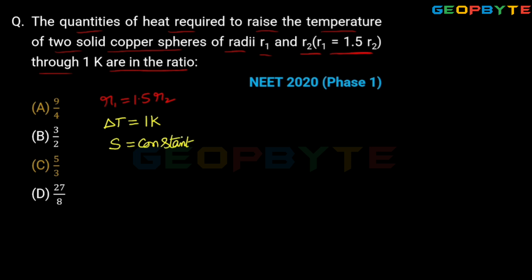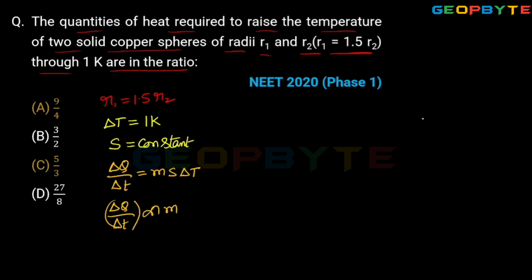As you know, heat transfer delta Q equals M into S into delta T. Specific heat is constant and change in temperature is constant, so heat Q is proportional to mass.